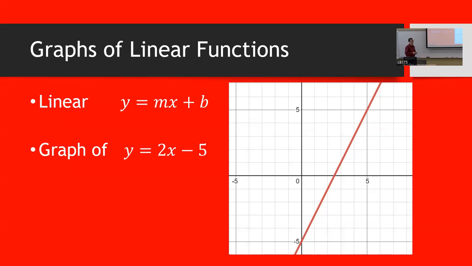Does that make sense? Here I have graphed y equals 2x minus 5. So linear graph, straight line.